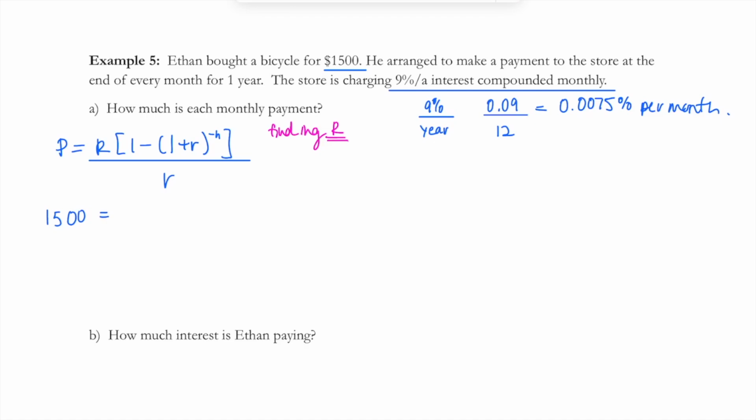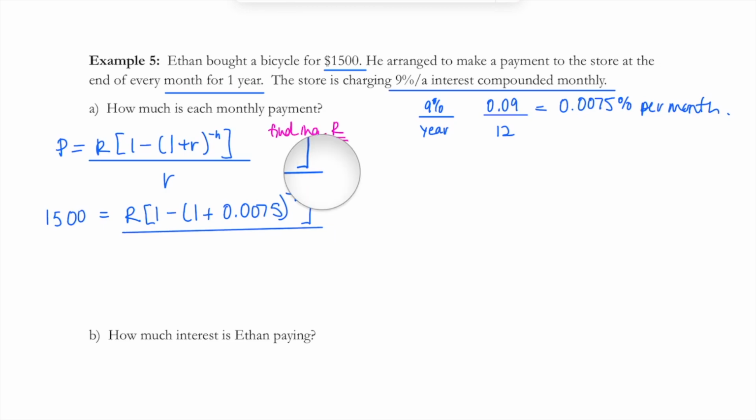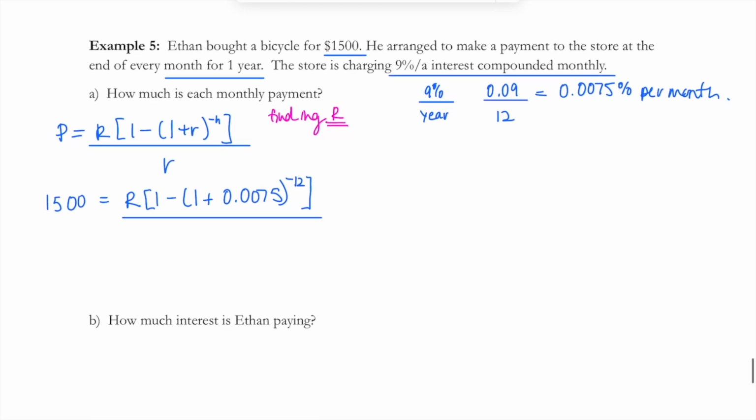And what we're going to do is try to figure out how many R payments we need to make, or the value of the R payments, if we know that our interest is 0.0075 per month. And if it's at the end of the month for every month for 1 year, we know he's going to pay it off in 12 months because there are 12 months in a year. Okay, and then we need to divide that by 0.0075.